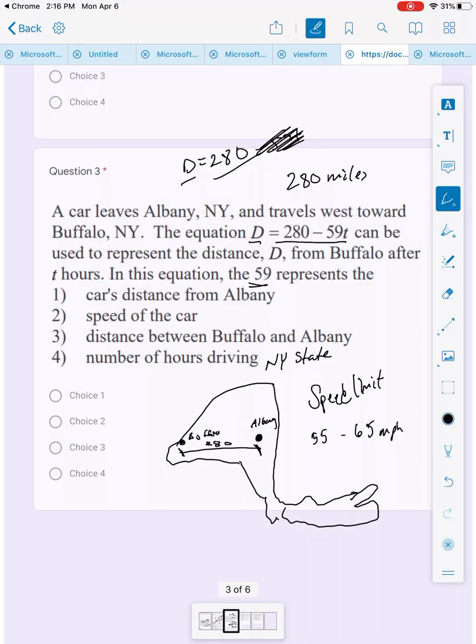Now, the 59 looks to represent the speed, like we were saying. Speed of 59 miles multiplied by the time will tell you that if you drive 59 miles for a certain amount of time, eventually you'll end up in Buffalo, which is 280 miles away.